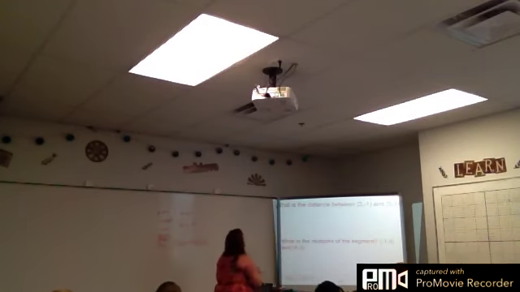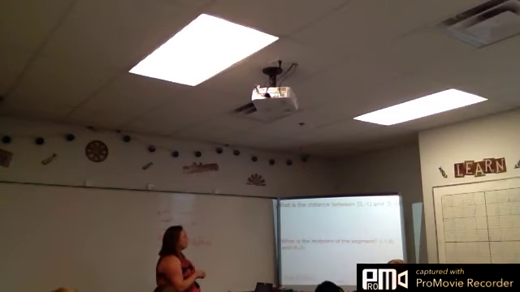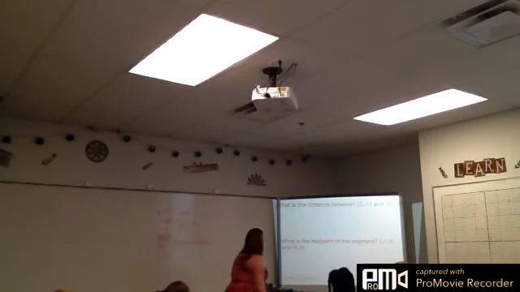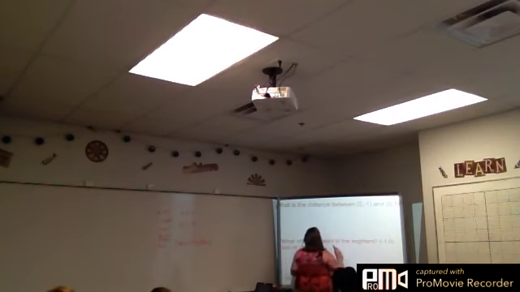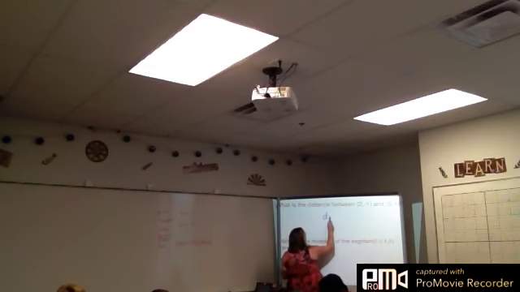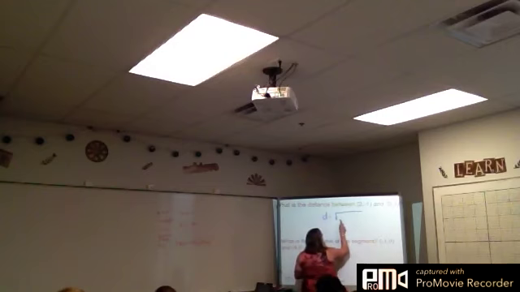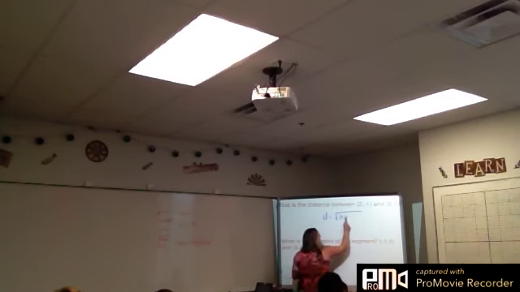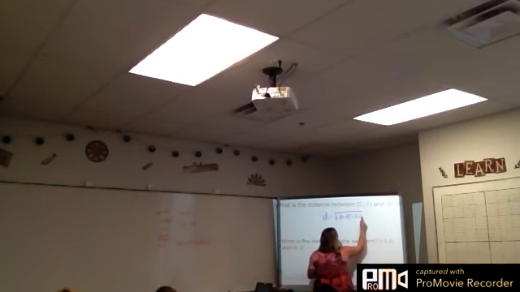What is the distance between (2, -1) and (5, 3)? You have to tell me how to plug it in. First you find your x coordinates, 2 and 5. So 2 minus 5, squared, plus negative 1 minus 3, squared.